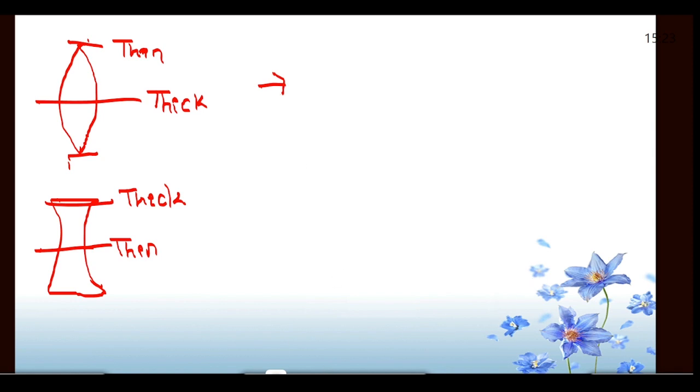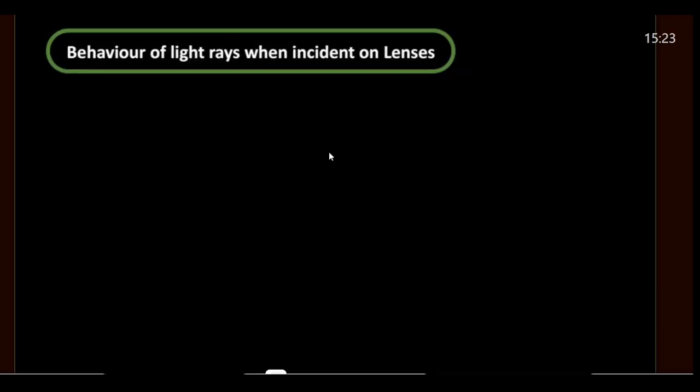And one more point is that when we are drawing the ray diagrams, we represent the convex lens with this arrow shape, and we represent the concave lens like this. Don't get confused when you are drawing the ray diagrams.